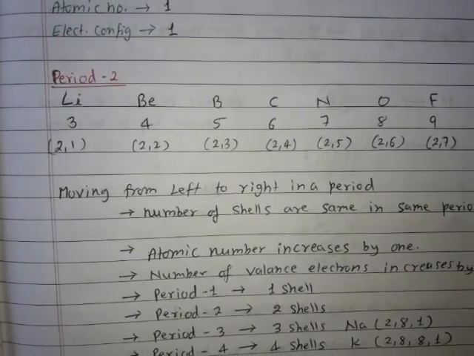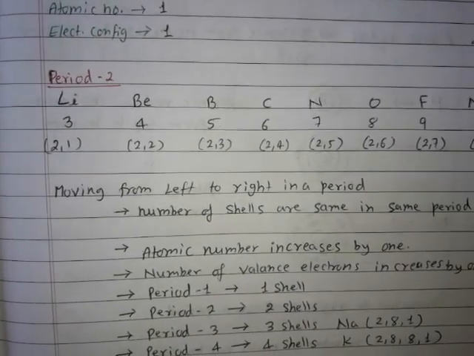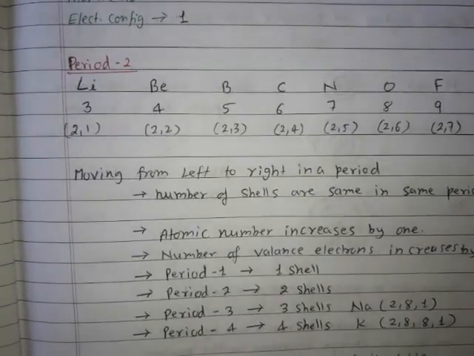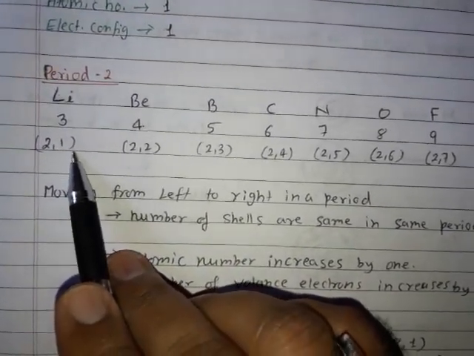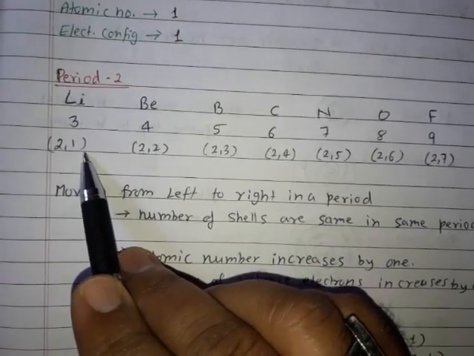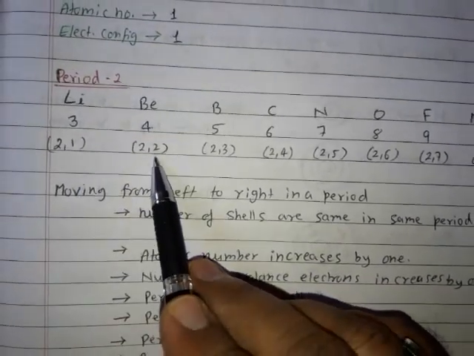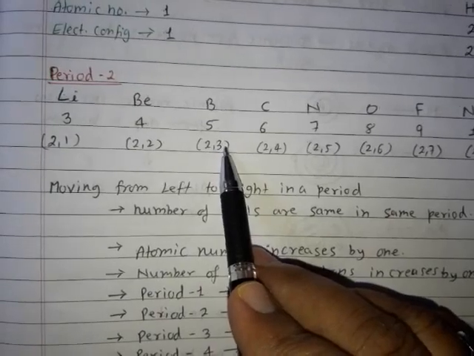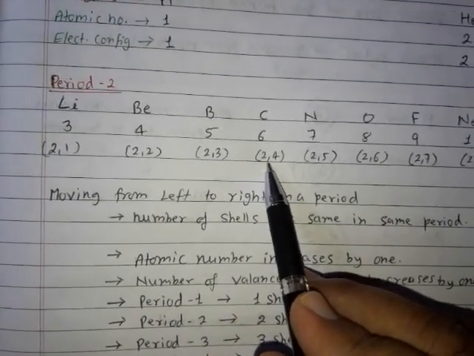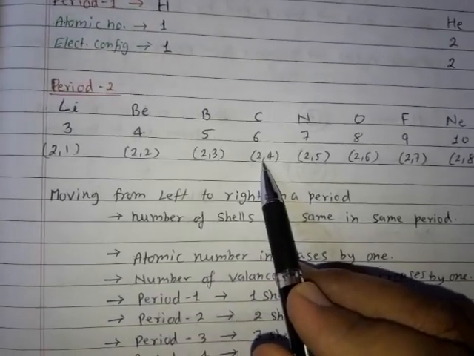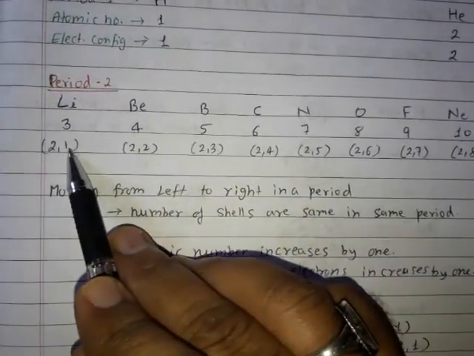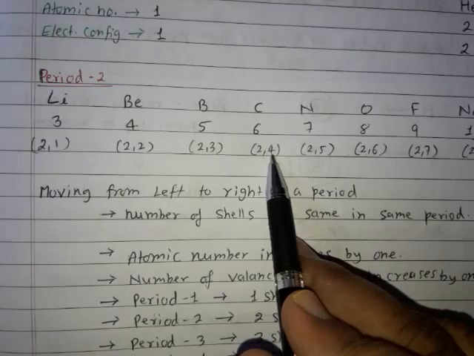And if we see carefully, moving from left to right, valency increases by 1. See, the valency of the first element of the second period is 1, then valency 2, then valency 3, then the valency of carbon is 4. Students, see here carefully. Valency increases from 1 to 4.